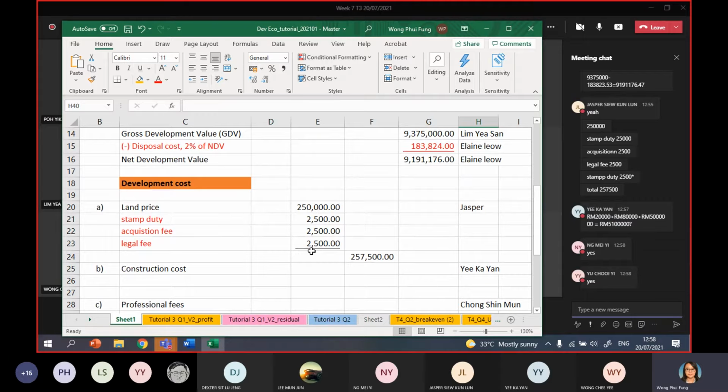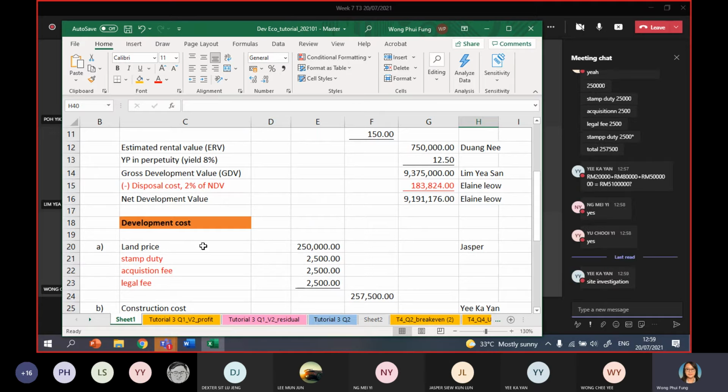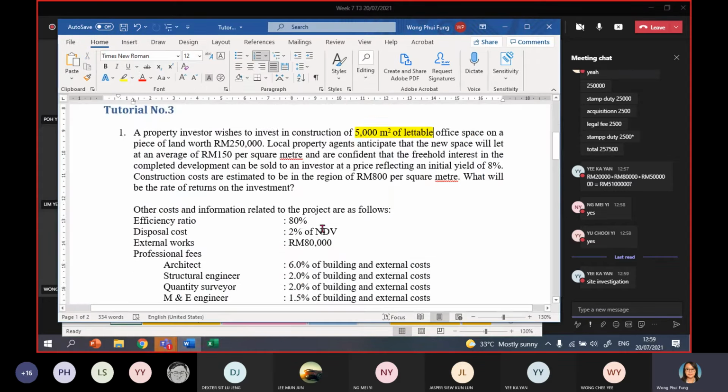Wait, Gayen. I want to ask you, this figure is what? 20,000, where do you get it? 20,000 is what, Gayen? Do you see site investigation given in the question? I want to double check with you. Do you see the figure 20,000 given in this question or not?